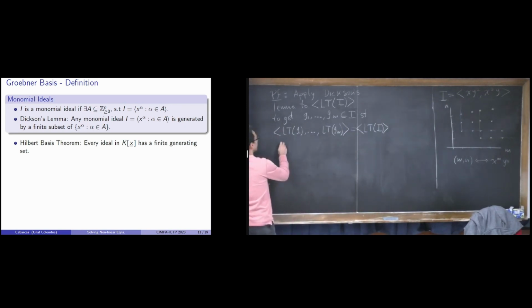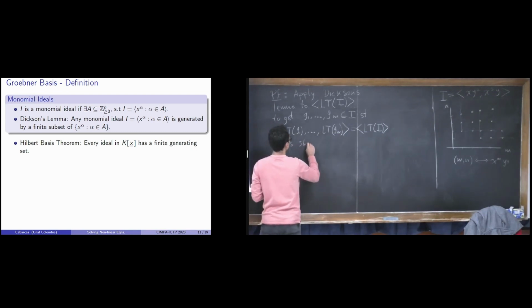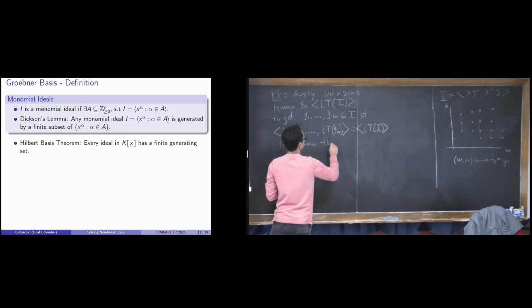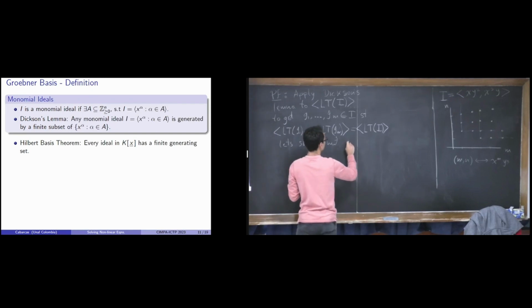So now let's show that the ideal is actually generated by the GIs.